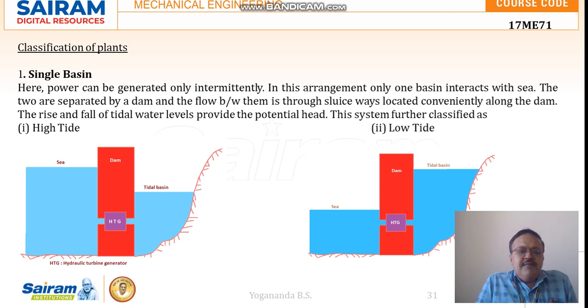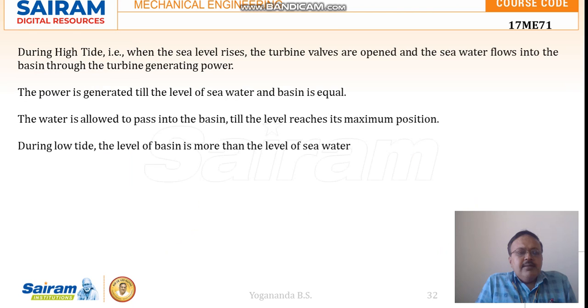The rise and fall in the water level of the sea cause the potential head. This water head is responsible for power generation. This single basin system is further classified into high tide and low tide systems.